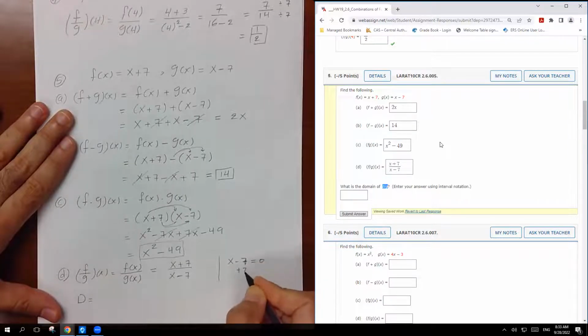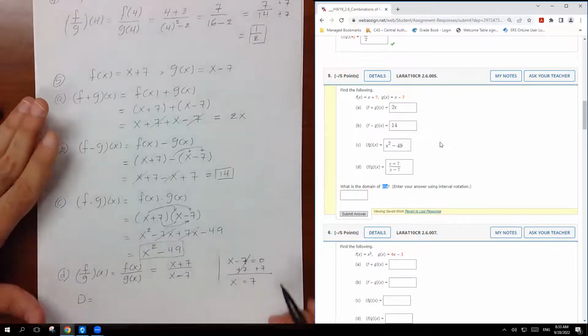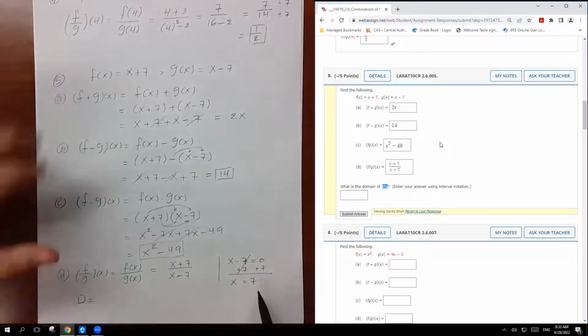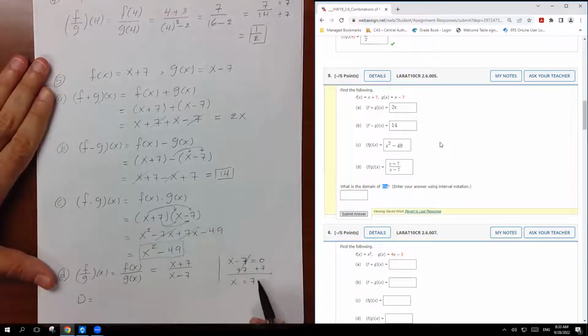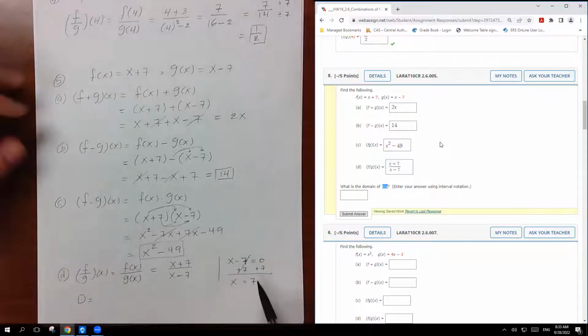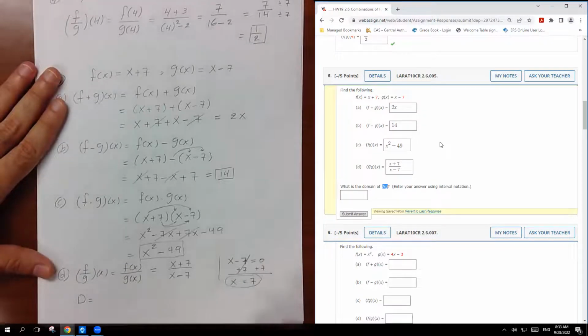Solve this one, you're going to add 7, so x is equal to 7. That means I can choose all numbers except 7, because when you plug in 7 here, 7 minus 7 is 0, and any number divided by 0 is undefined. That means the function is undefined at this number.